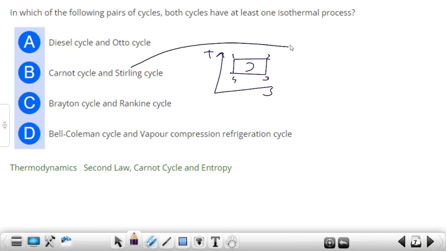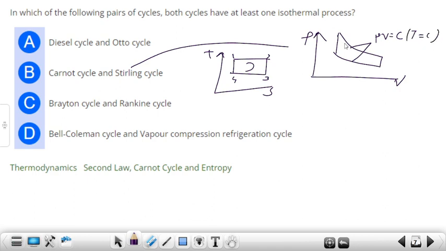Let's see about the Stirling cycle. The Stirling cycle is just a type of Otto cycle. The one difference is that these are the expansion and compression processes, PV equal to constant, which is an isothermal process. Temperature is constant, and the remaining processes are heat addition at constant volume and heat rejection at constant volume.